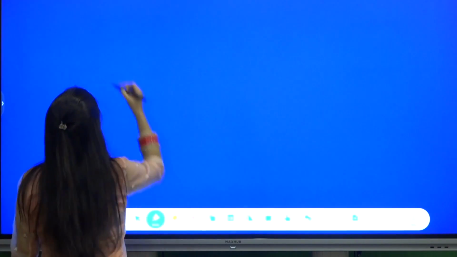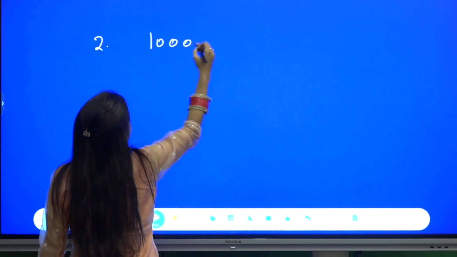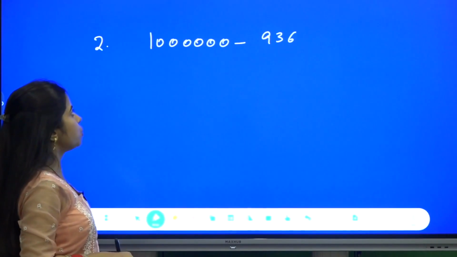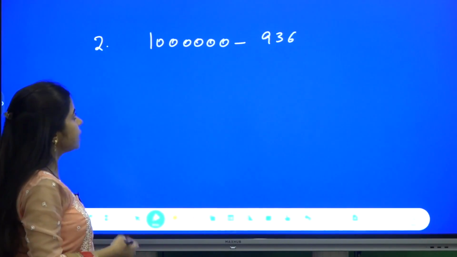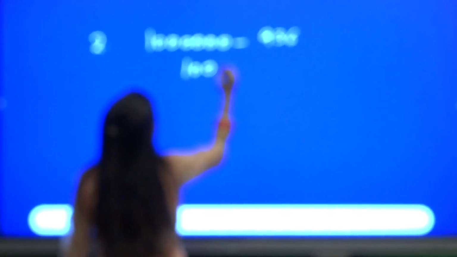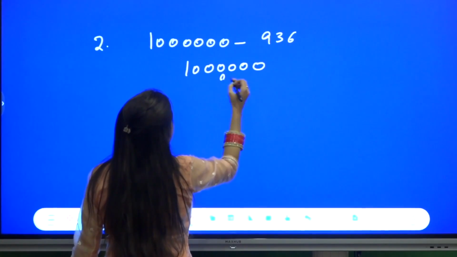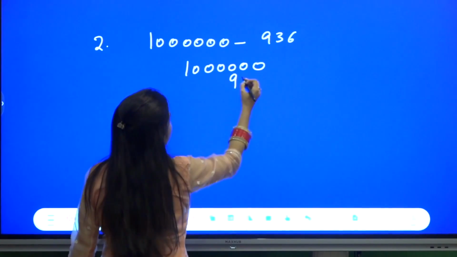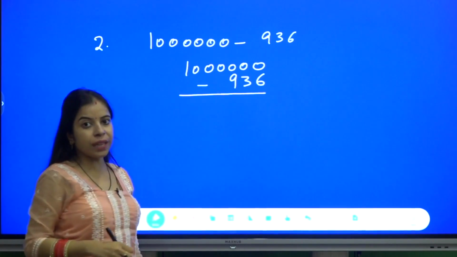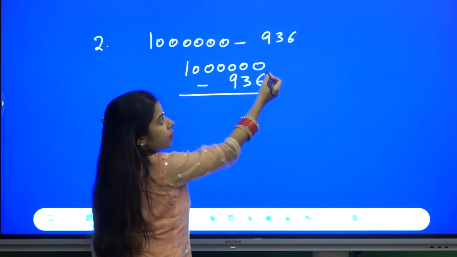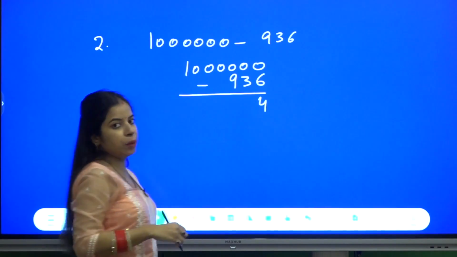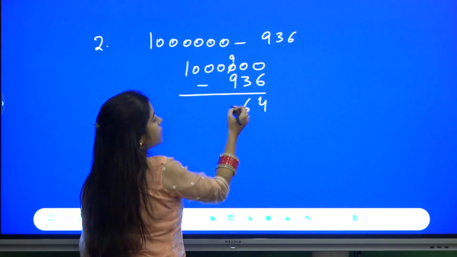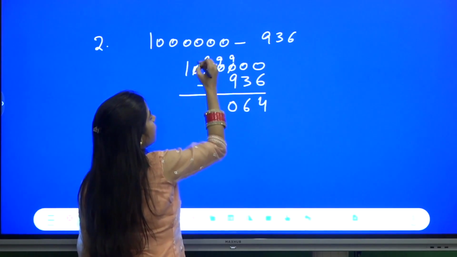Let us take another example. If we have to subtract 936 from 1000000, that is basically 10 lakh, we are going to write these numbers in the row form and then using the Nikhilam Sutra, last number from 10 is 10 minus 6, 4, and remaining from 9, 9 minus 3 is 6, 9 minus 9 is 0, then this is 9, 9, 9.